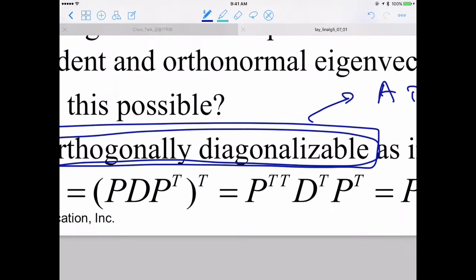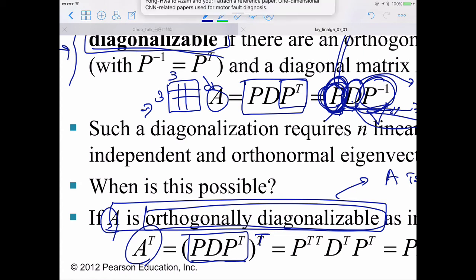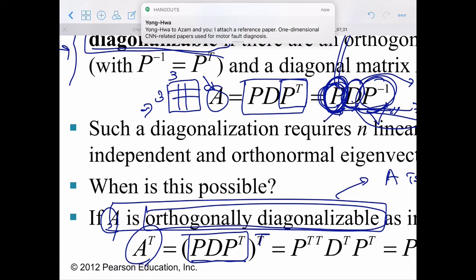Let's just write A transpose. And then it will be P D P transpose, transposed, because A is orthogonally diagonalizable and should have such a representation. And then we are reversing the order when distributing this transpose into the parentheses.